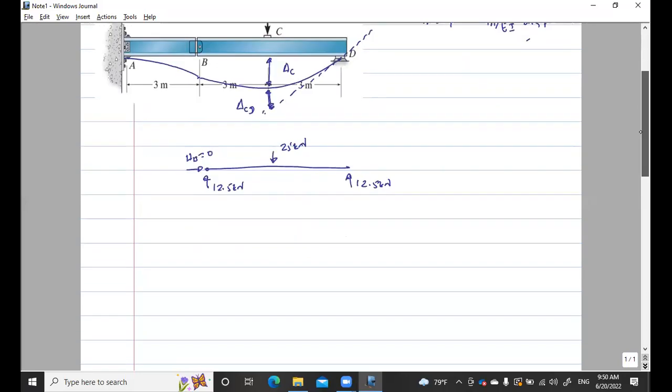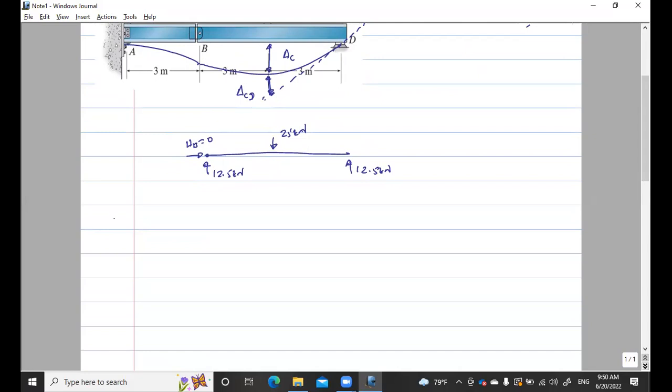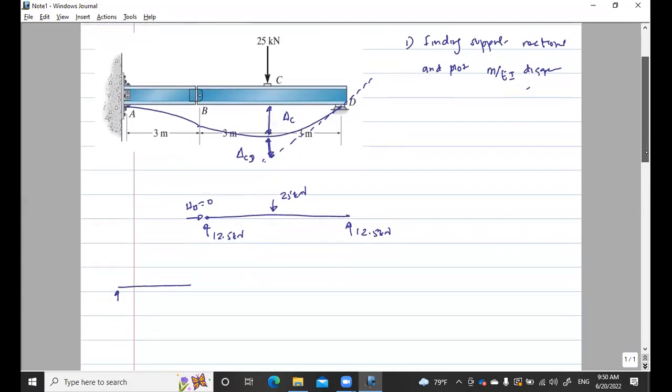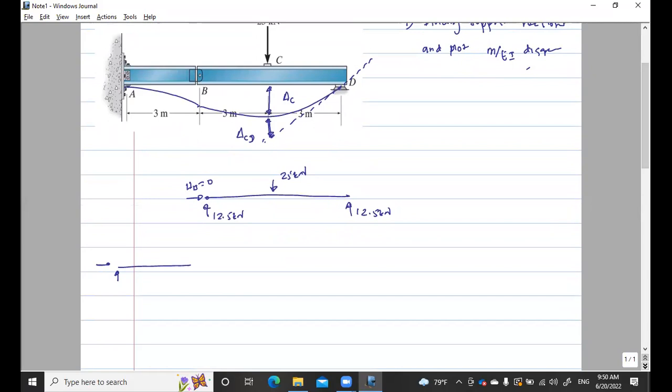So now, if you consider the AB part, A is a fixed point, so we have three unknowns: MA, RA and HA.